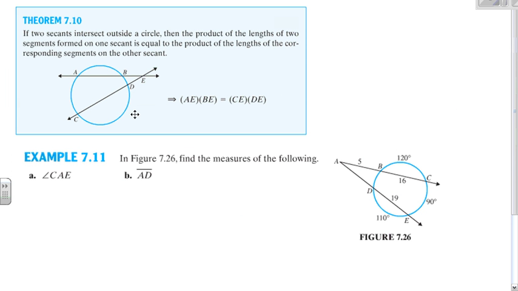Also with secants, you can look at the segment lengths. There's the inside portion of the segment and the outside portion. Or you can look at the entire length from where the secants intersect to the opposite end of the circle.